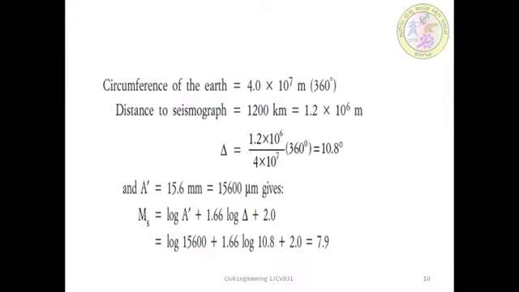Here A dash is given as 15600, substitute there, and log of delta is 10.8, substitute that also and add 2, so that we will get the surface wave magnitude as 7.9. Like that, with respect to the available epicentral distance as well as displacement and time period, we can have the relation for the surface wave magnitude. So this is the example for that.